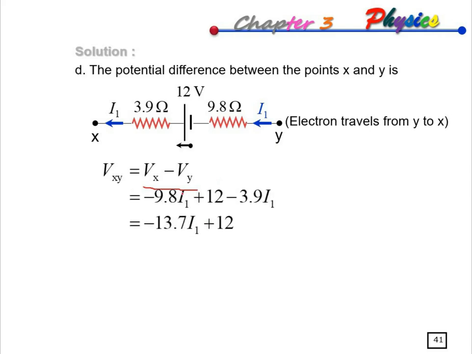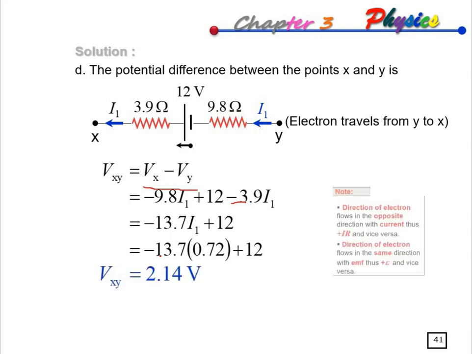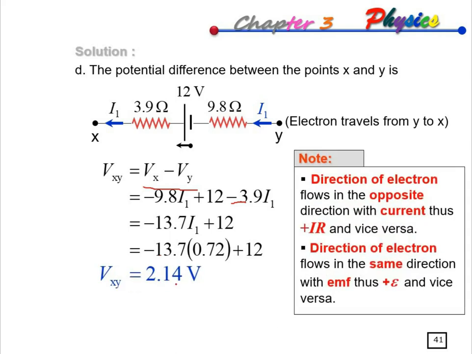So we will put the numbers in the equation. For the Vx, it is minus 9.8 times I1 plus 12 for the EMF minus 3.9 I1. Why is there a minus here? It's due to the direction of the electrons. Now the answer will be Vxy equals 2.14 volts.